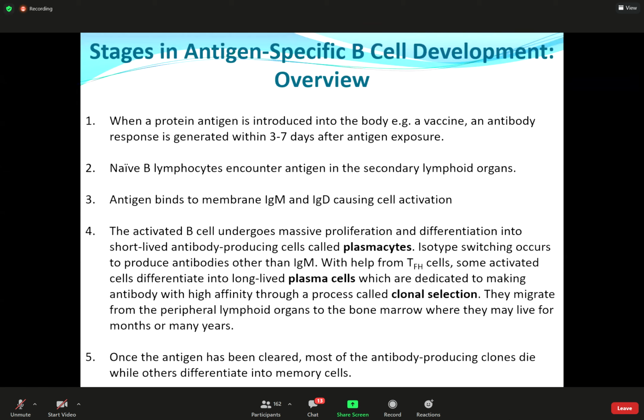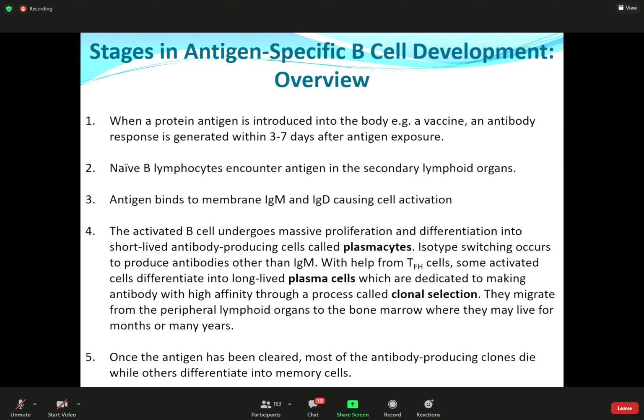So they have a potential to bind to antigen, but they haven't yet seen antigen. And just like T cells, they will circulate through the body under the drive of chemokines, going from one lymph node to another looking for antigen, and also going through the spleen.